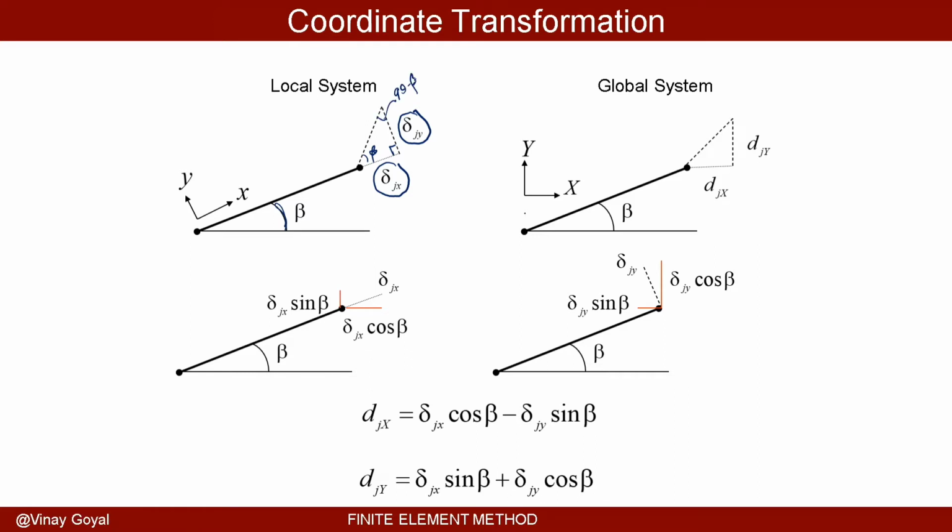And so I can do the same thing. I can decompose that one, and I'm doing it here, by the way, and here. I'll get delta jy cosine beta and delta jy sine beta when I decompose that particular deflection that you see there. So again, I'm taking each of these deflections and decomposing them in the global coordinate system, which is x and y.